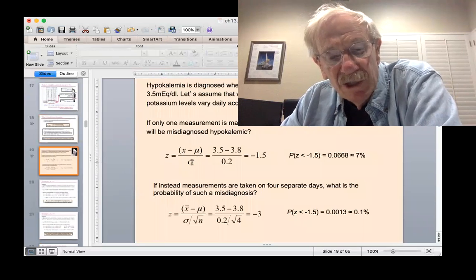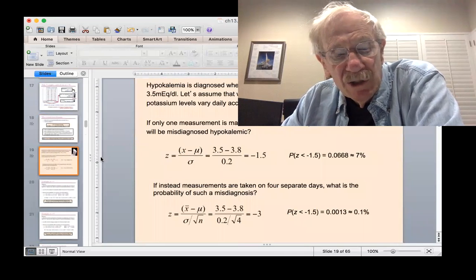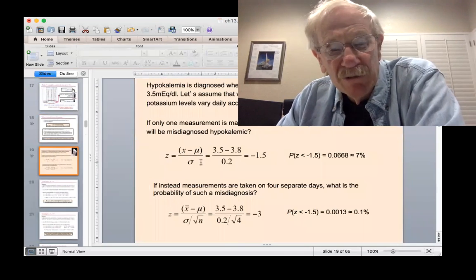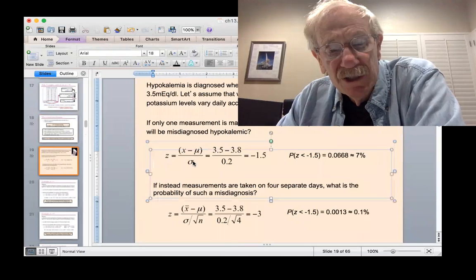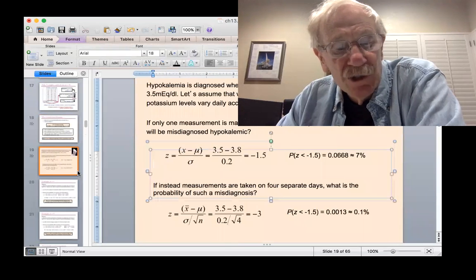Well, this is when we're using means. When we're using proportion, we have to replace this standard deviation with that sig hat.